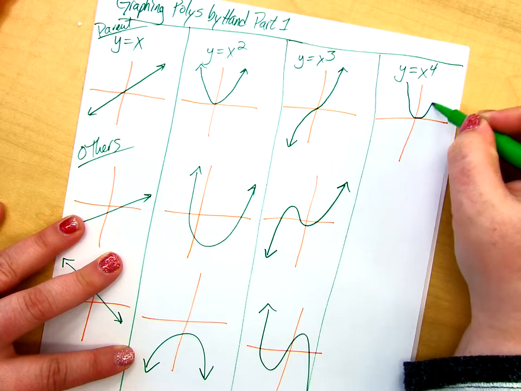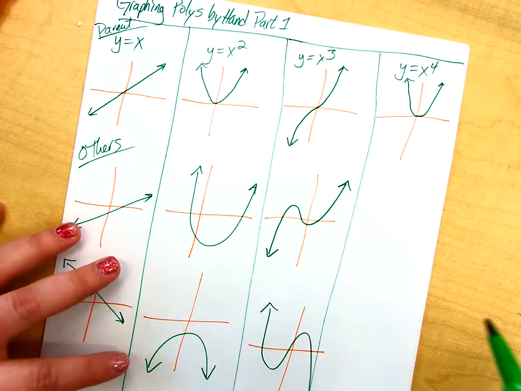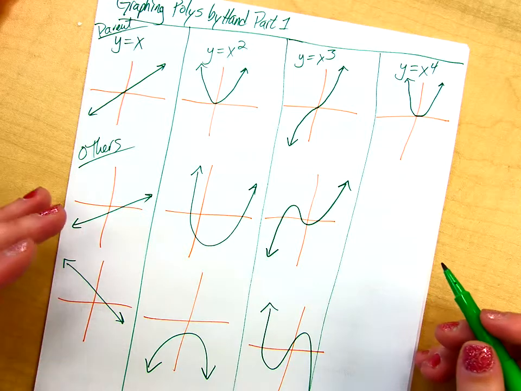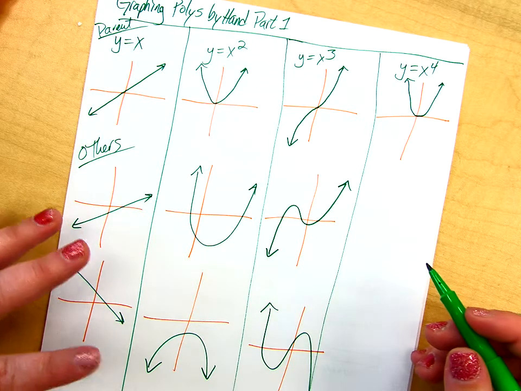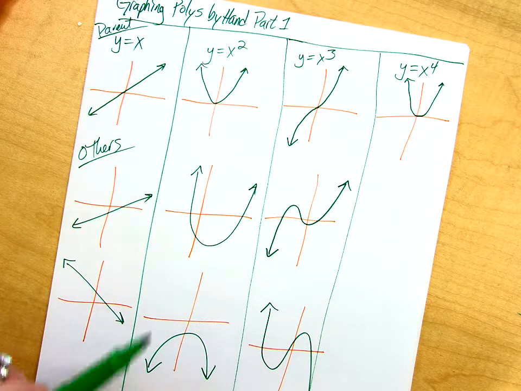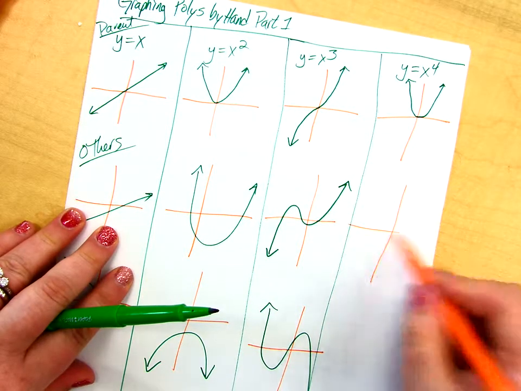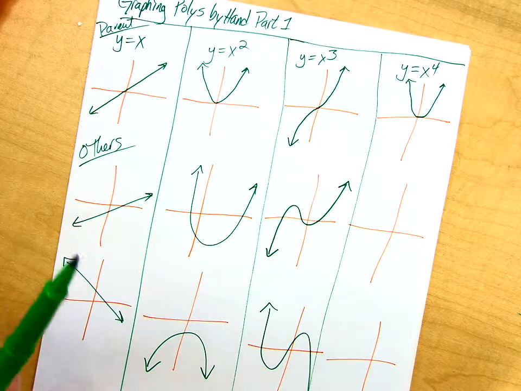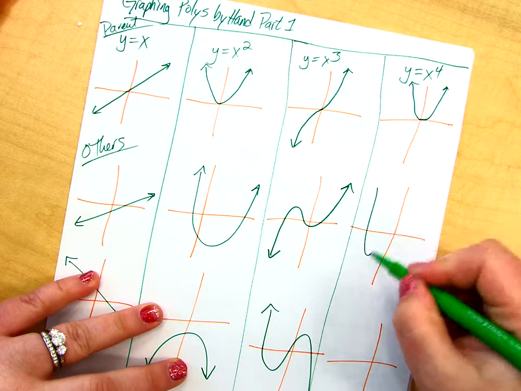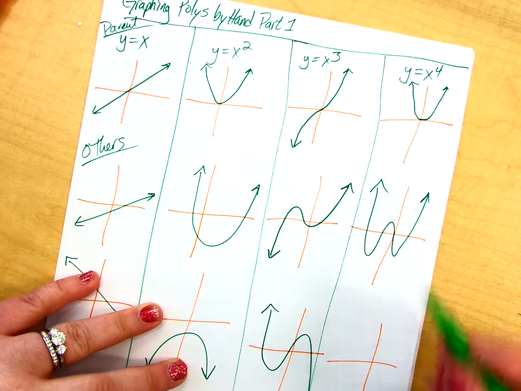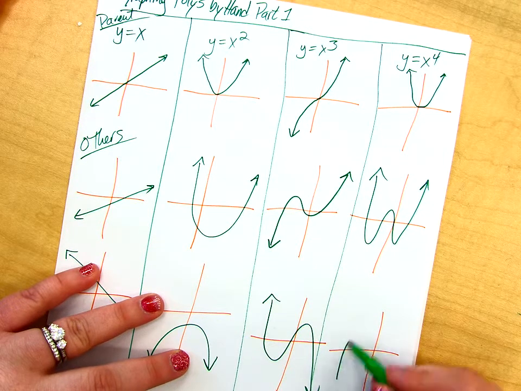In fact, I'll put them on the calculator so you can see. It's very similar to y equals x squared. But other x to the fourth graphs can look like W's. Or if it's negative, you might have an upside down W.